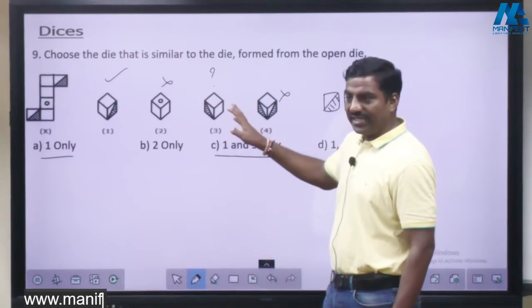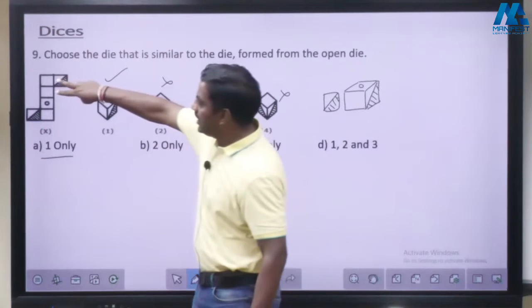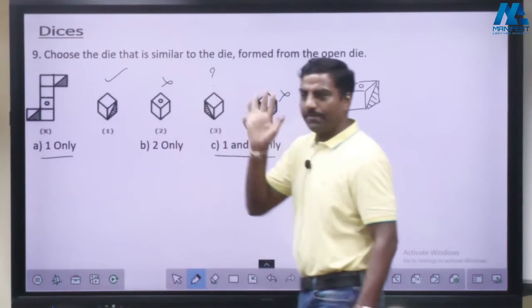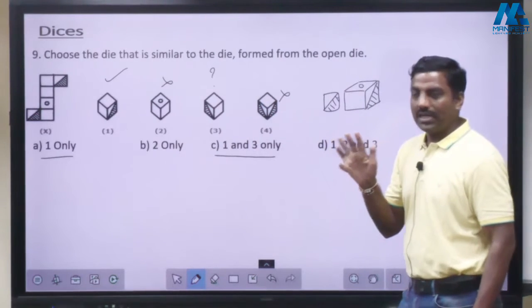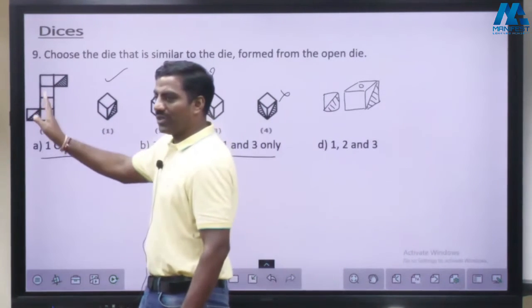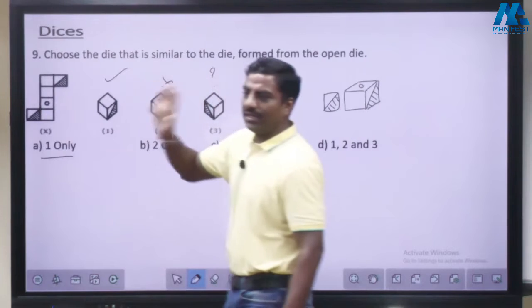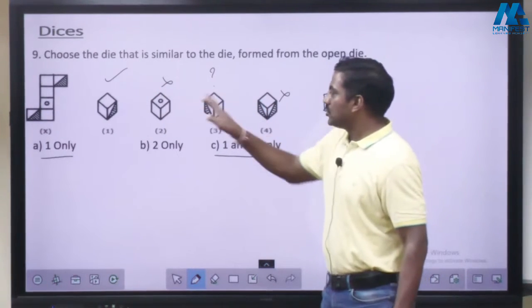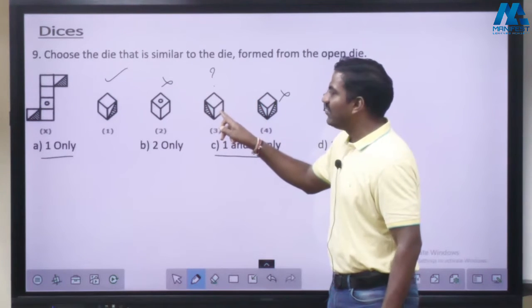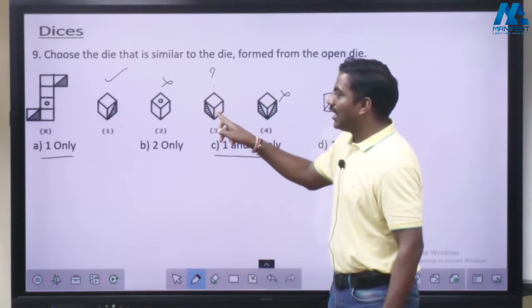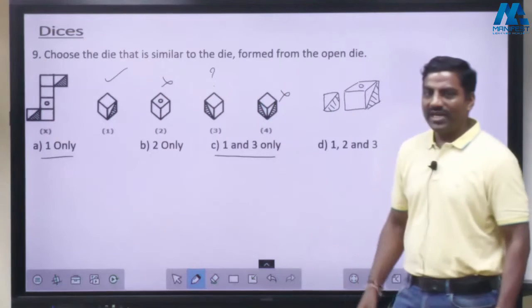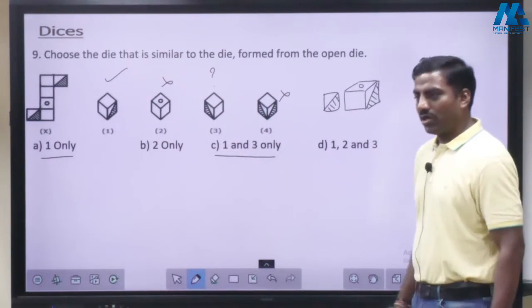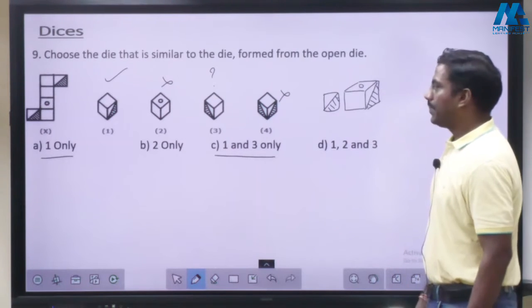Two blanks adjacent, there is a possibility. These two can be adjacent. This and this can be adjacent. And one strip on the left or one strip on the right. So this is a possibility only with respect to this shading. This shading, we have to ascertain whether that is right or not. Okay?